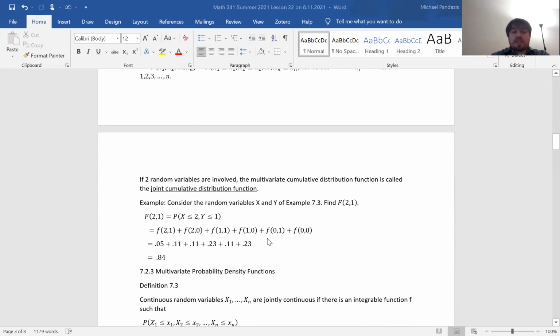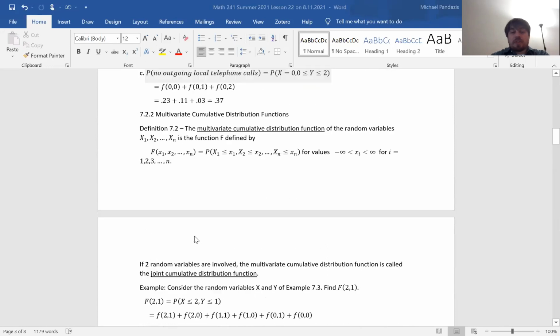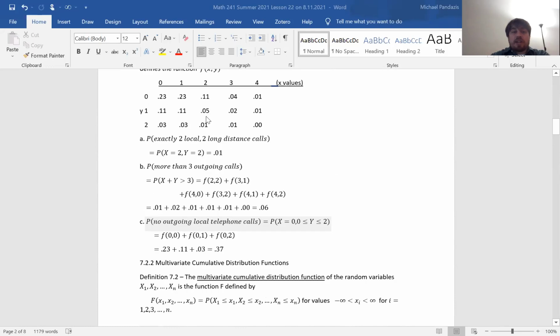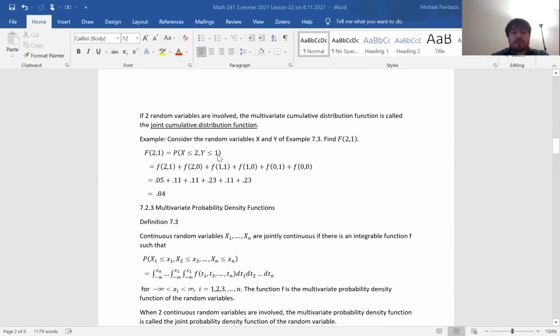You take out the values there and you have these 6 corresponding probabilities. So you have 0.05 plus 0.11 plus 0.11 plus 0.23 plus 0.11 plus 0.23. There we go. And so you add them up and you get 0.84. I was just adding them again to make sure. So this is 0.84, and so that's capital F of 2 comma 1.